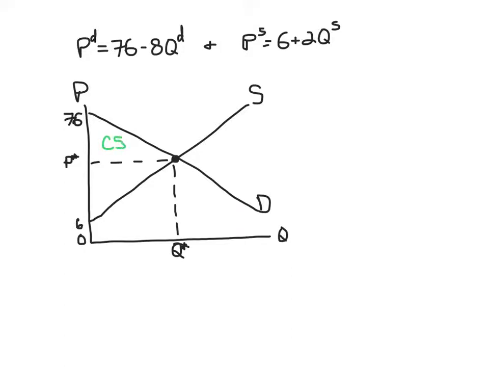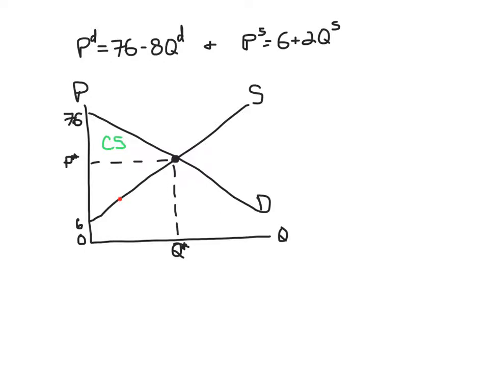And then similarly, for producers, their surplus, the welfare gain that they have, is measured for any particular transaction as the difference between the price they get for the product up here versus the minimum price they were willing to sell the product for.